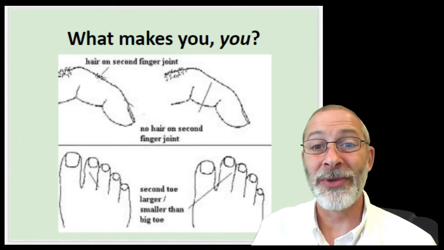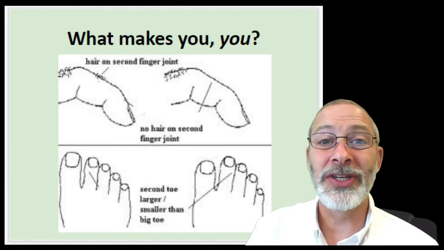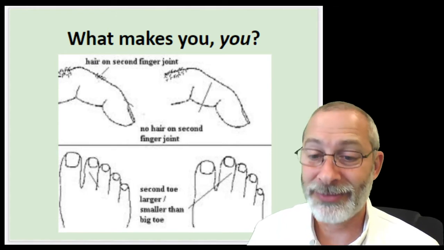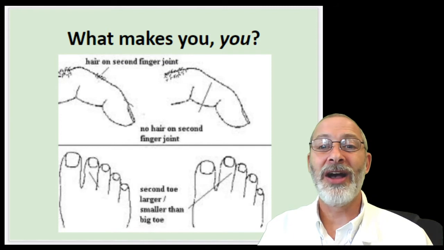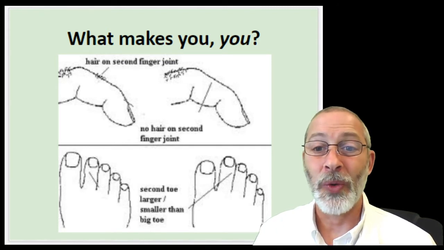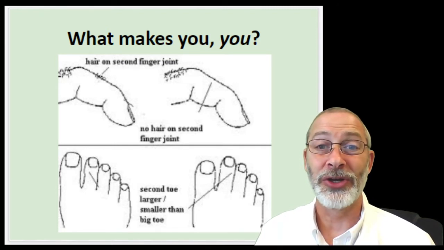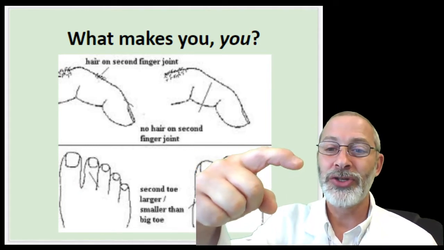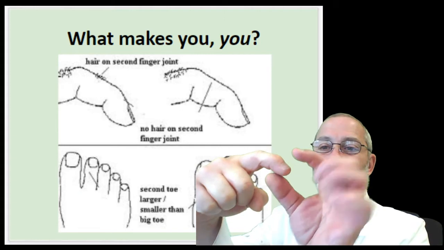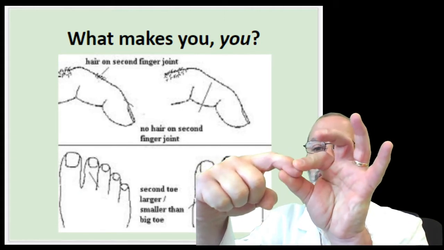All right, here are some other funky characteristics of humans that are completely determined by your genetics. The hair on the second finger joint, or no hair on the second finger joint. What is this all about? Well, if you look at all of your fingers, you have different joints. This is your first joint.